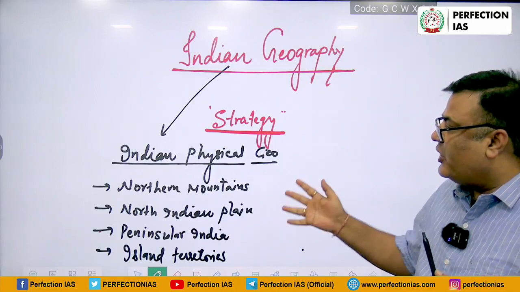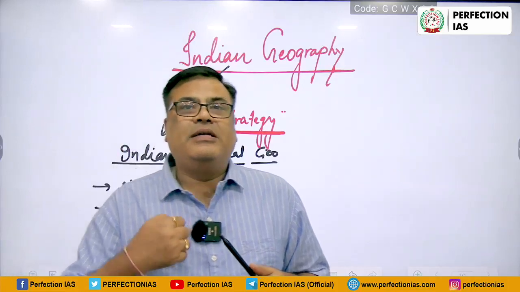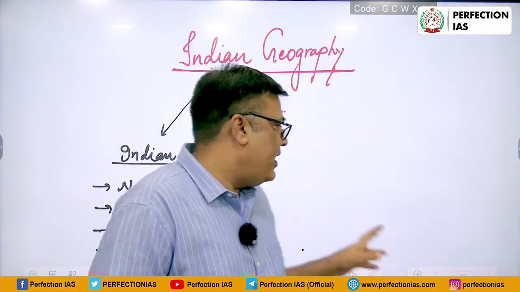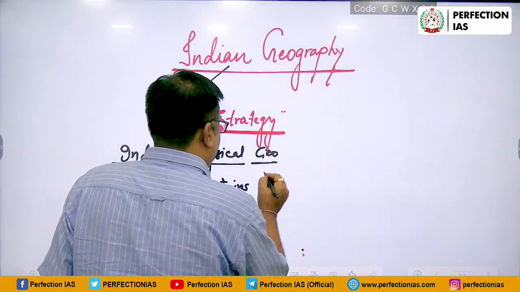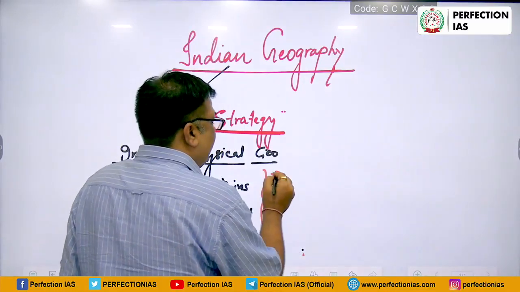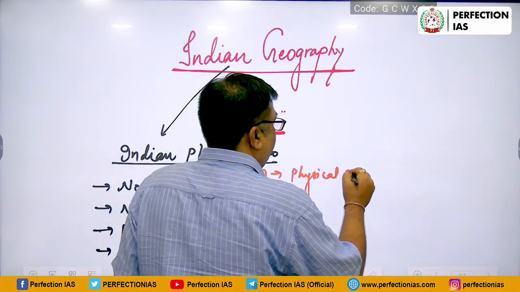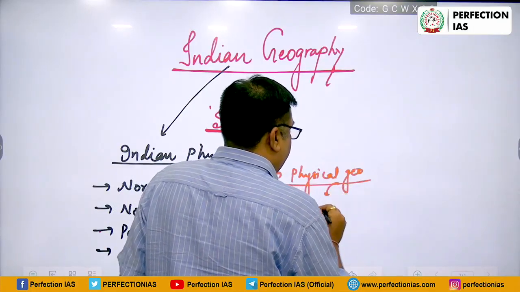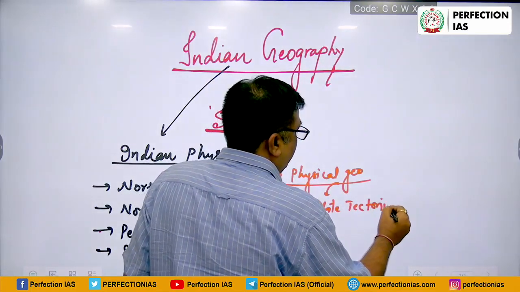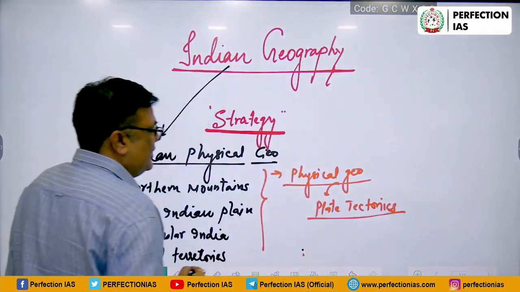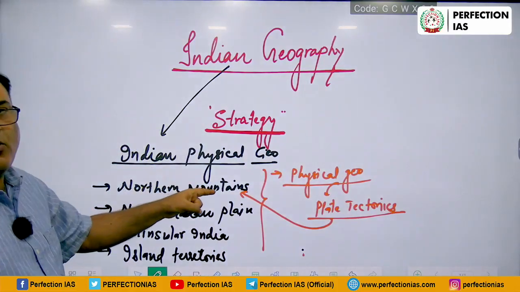ये जो आपके चार पार्ट्स हैं, these need to be prepared very reasonably. Here we have to learn what should be the application of the information and knowledge we have got from physical geography. Like here we have learned about plate tectonics, and obviously this plate tectonics helps in understanding the theory of northern mountains.